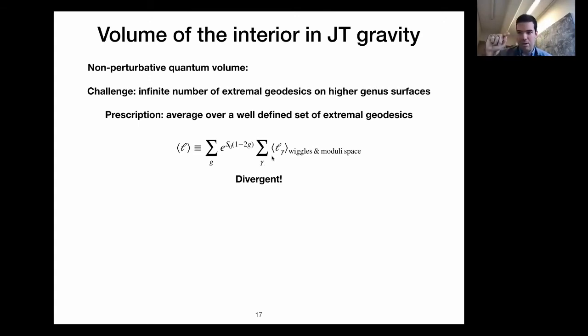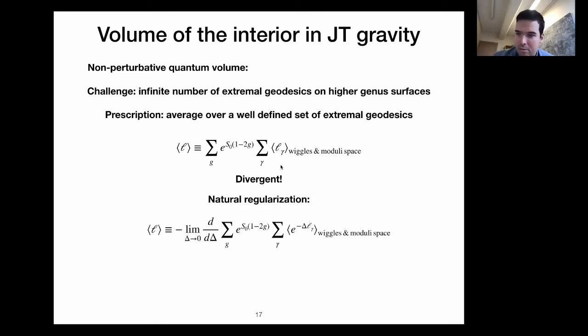They even have growing lengths, because one possible class of these geodesics is that they start to wind, let's say, around the neck of a topology, or around a hole in the surface. So they are longer and longer, so this quantity is divergent.